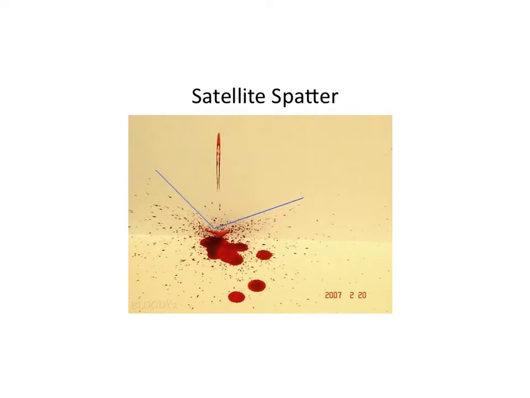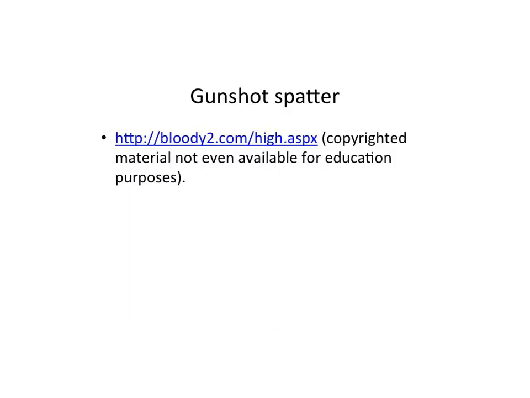So there are really, really tiny spots of blood that hit from where the original blood was, so maybe blood dripping in blood and splashing, or even just blood splashing in general. And then we also talked about gunshot spatter, which I was unable to get. Hopefully that still works, because it won't let me click on it in this app.